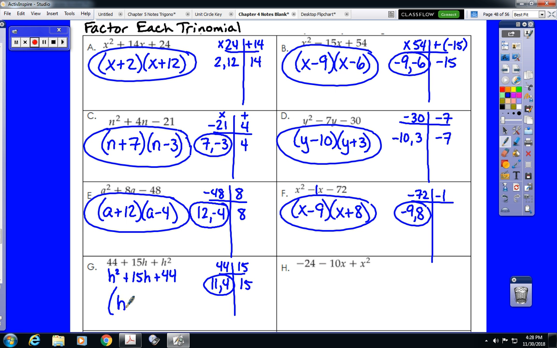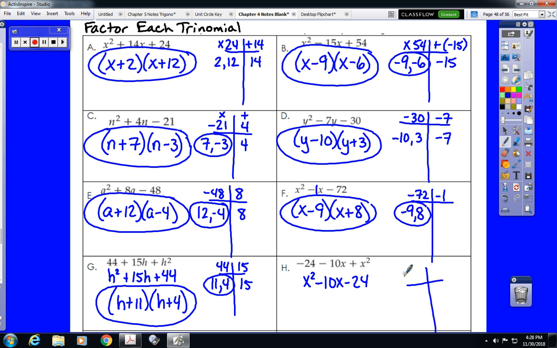So that would factor into h plus 11 and h plus 4. Same thing on letter H, x squared minus 10x minus 24. We're looking for numbers that multiply to negative 24 and add to negative 10. That would be negative 6 and negative 4. So that would be x minus 6 and x minus 4.